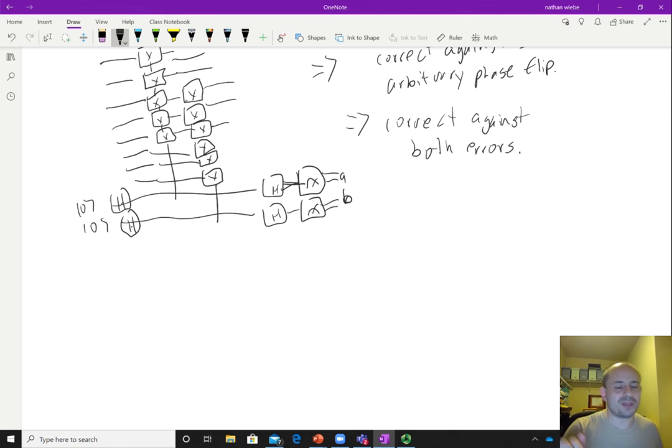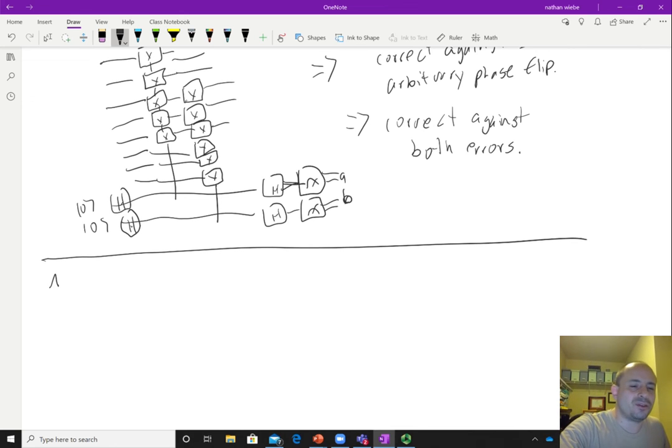So what this means is we've got the ability within this code to correct against one phase flip and one bit flip. However, we can't do more than one of each. So this actually gives us the ability to correct against an arbitrary error.